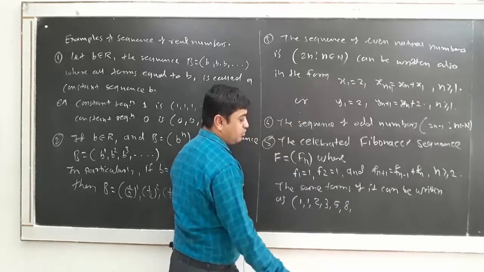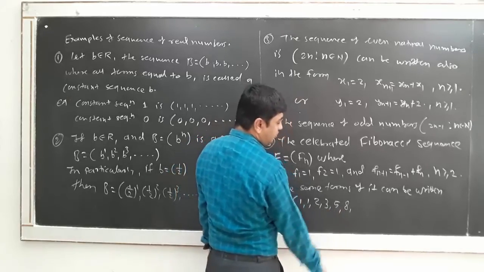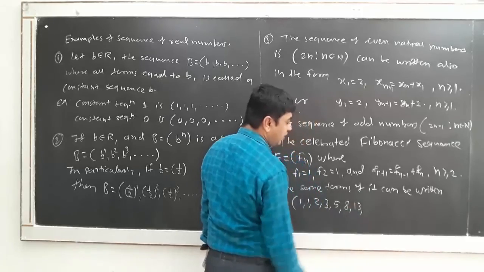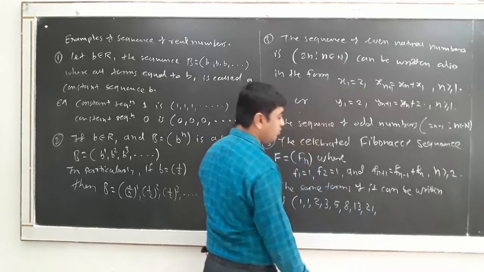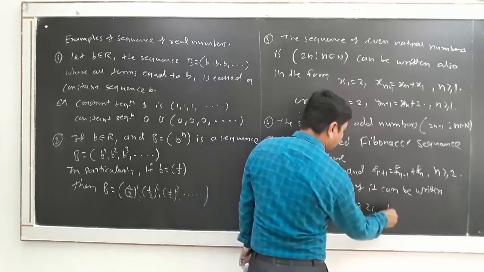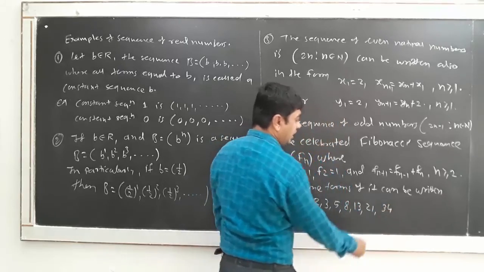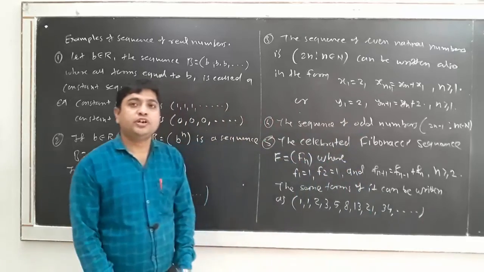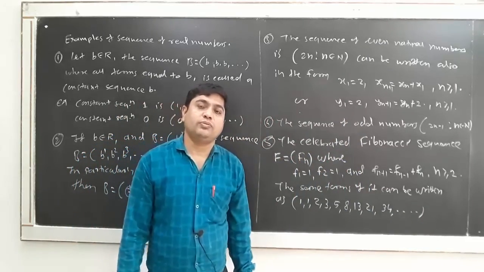You can write so many terms. 8 plus 5 is 13, 13 plus 8 is 21, 21 plus 13 is 34, and so on. That means you can write some terms of the Fibonacci sequence also.